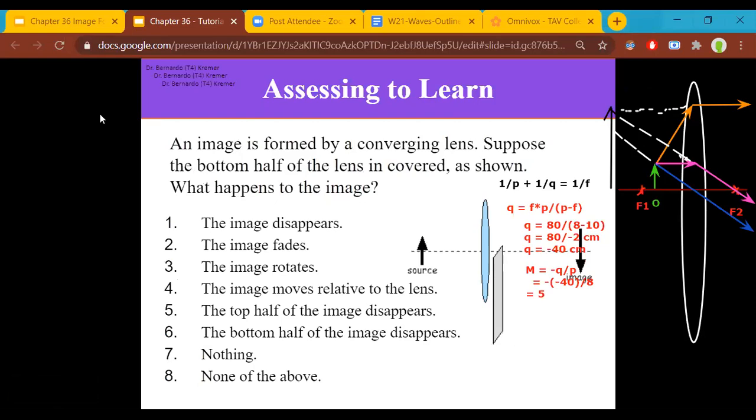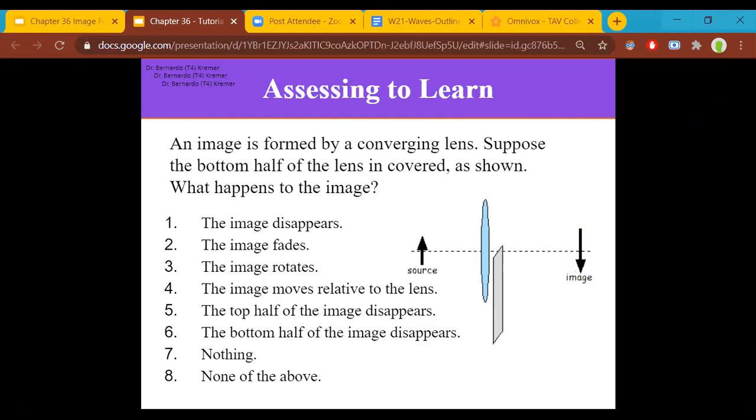Okay, so for timekeeping purposes, this question is just asking, you have an image passing through a lens, but now you cover half the lens. And what happens to the image is the question. I'm just going to go ahead and discuss the answer here.